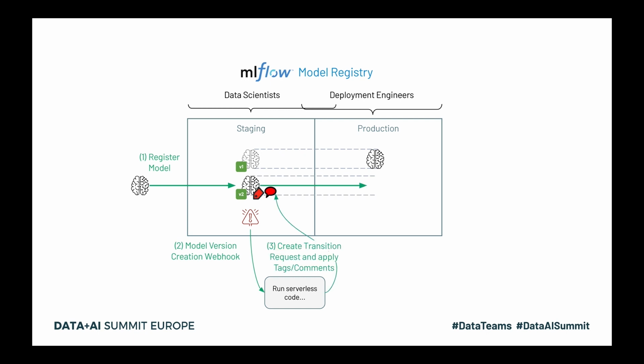If it failed, it's going to leave even more specific comments. And the last thing our Azure function is going to do is create a transition request on behalf of our data scientist, so they don't have to log into the registry and do that. Now, when that transition request is created, it's going to trigger our second webhook.